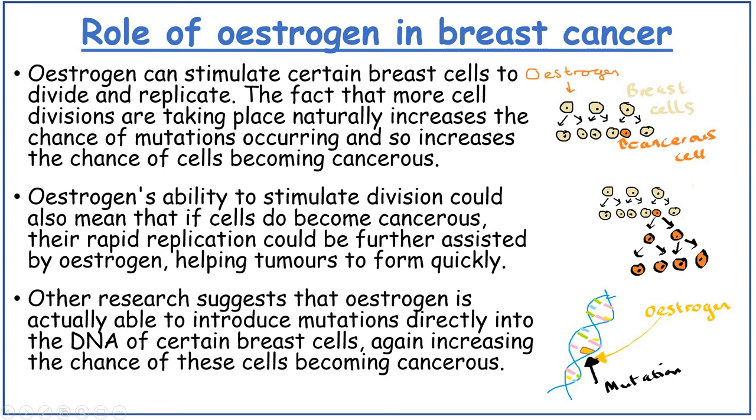Other research suggests that oestrogen is actually able to introduce mutations directly into the DNA of certain breast cells, again increasing the chance of these cells becoming cancerous. So that is an introduction to how cancer occurs.